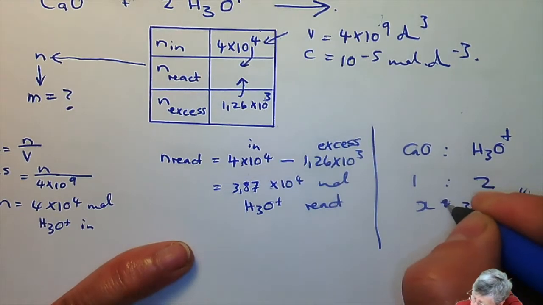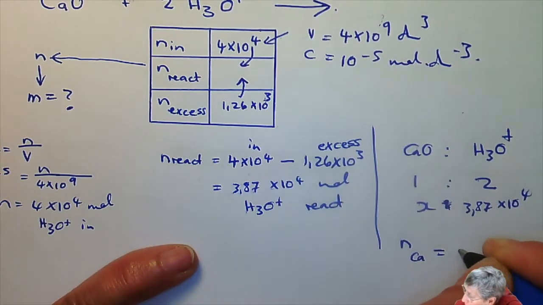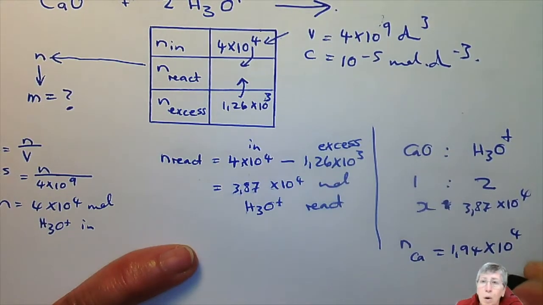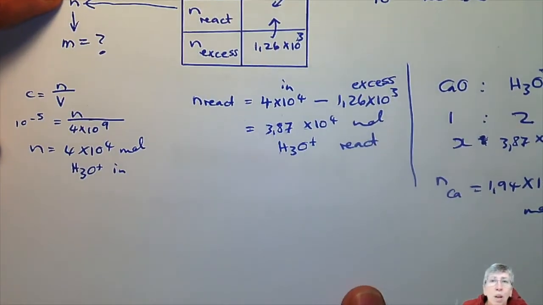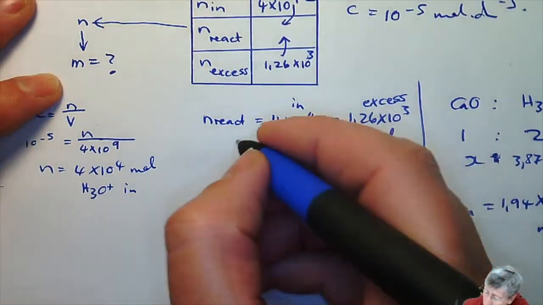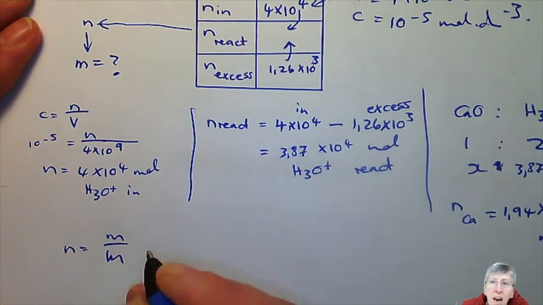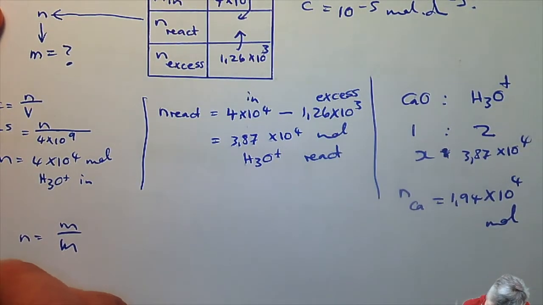And if you divide by 2, I end up with the moles of calcium oxide being 1,94 times 10 to the 4 mole. Right. Okay, so now we've worked out the mole. The only thing left is to convert mole to mass. All right. So we're doing n equals m over M. I know the moles, 1,94 times 10 to the 4th.